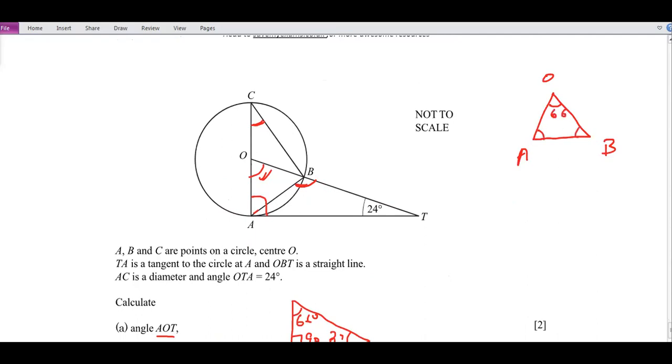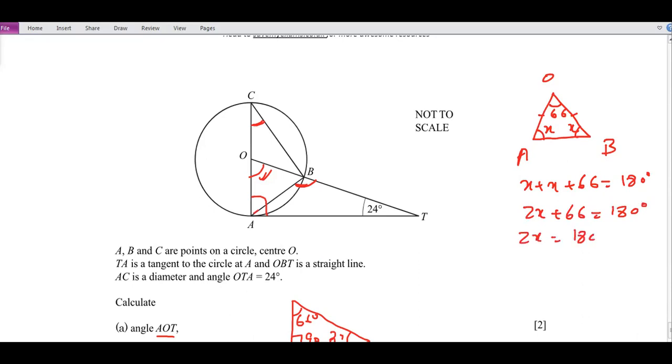Let's say this is x. As AO is a radius and OB is a radius, both these will be equal. That is why the base angles will be equal. So x plus x plus 66 will make 180 degrees. So 2x plus 66 will make 180.